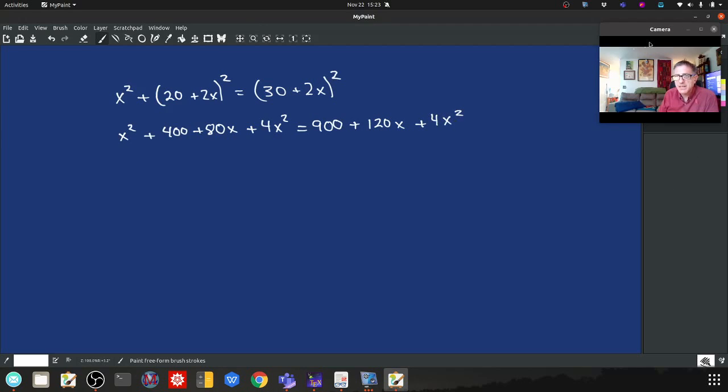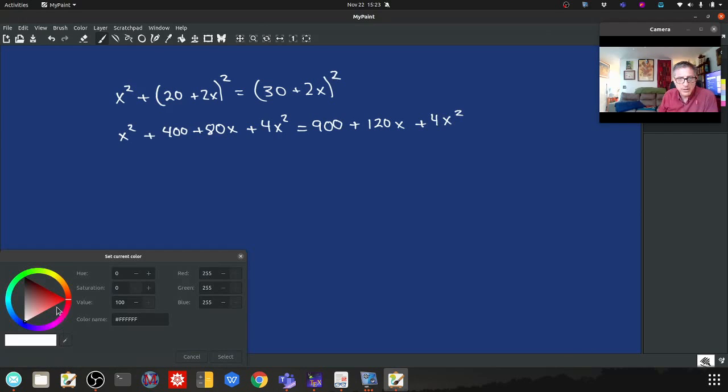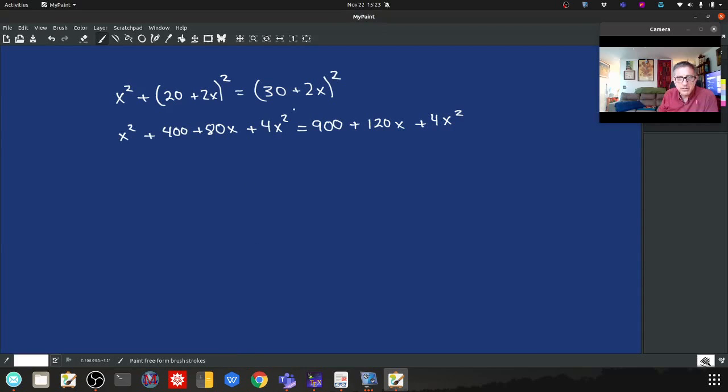So the nice thing about this is that I can subtract 4x squared from both sides. So that's x squared plus 400 plus 80x is equal to 900 plus 120x.